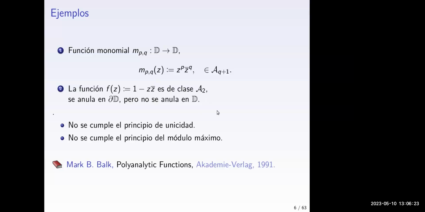This is bianalytic, but we want to have everything from the analytic functions, because it has a minimum on its boundary with a maximum at 0. And the uniqueness principle doesn't hold, because this function is 0 on the boundary of the disk, but it is not the zero function.